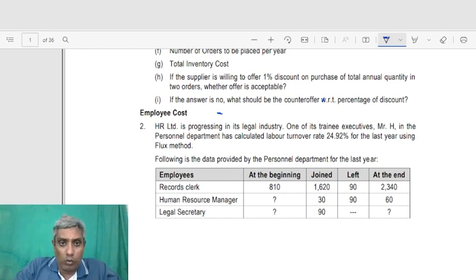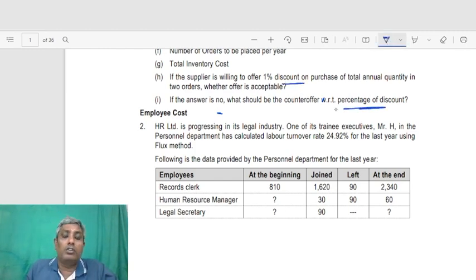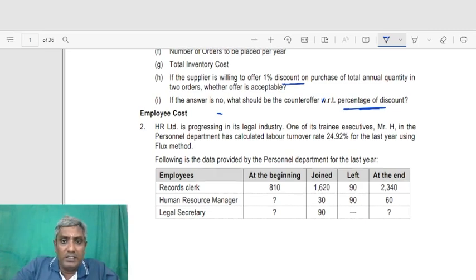If the answer is no, what should be the counter offer? That means the percentage of discount. How much percentage if the supplier gives, you will accept the order. This is very important in the question, and you should understand it. This is what we are trying to aim, we are trying to achieve. These are all too important. Other things are very easy, normal, routine question and answers. So, these things you should remember.